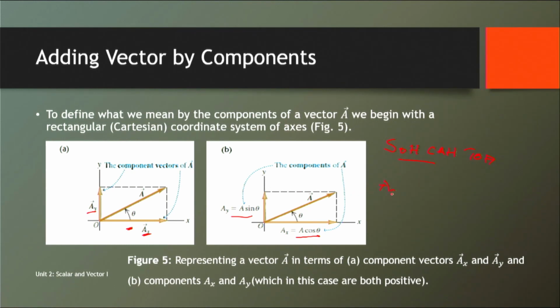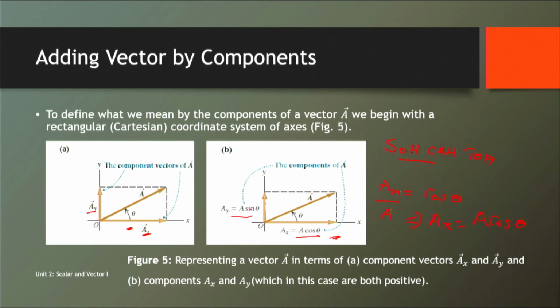So AX equals adjacent divided by hypotenuse. Our hypotenuse is A, and this is cos of our angle theta. If we cross multiply, AX is equal to A cos theta, and that is where they get that.